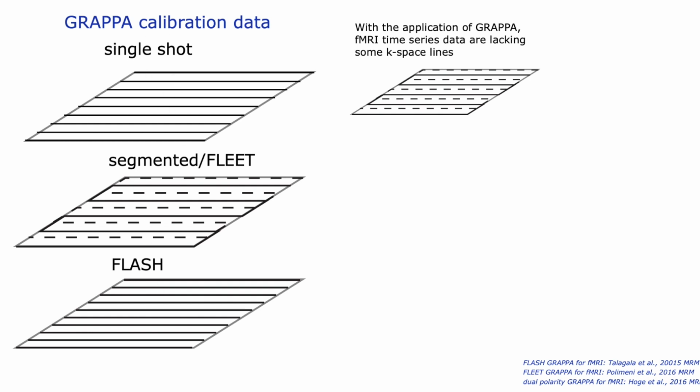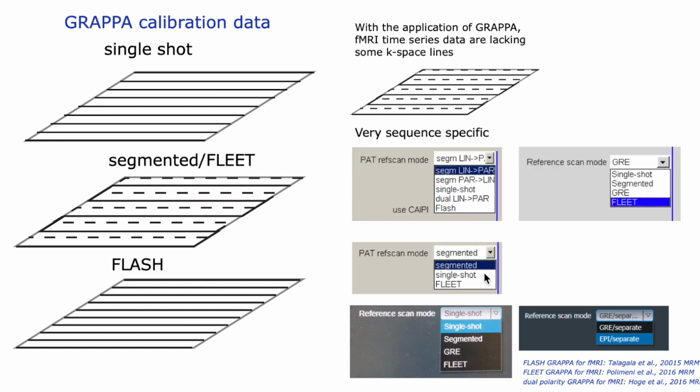And since all these advancements of the GRAPPA reference data acquisition schemes are rather recent, it's not really standardized just yet how this is implemented in the sequence. You might be familiar with acquisition schemes that look like this here in your protocol editor.